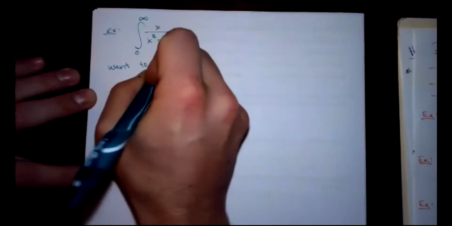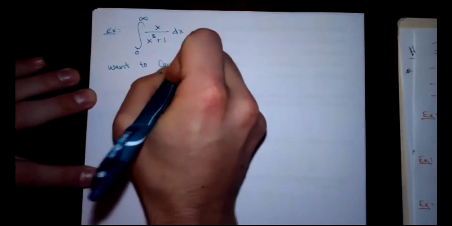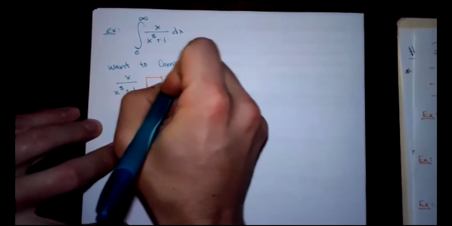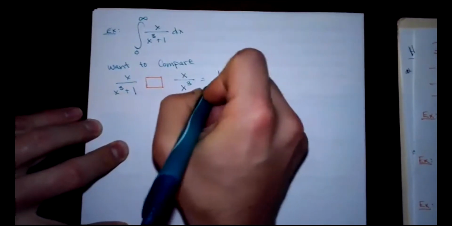Okay, but if I want to compare the integrals, let's write some of this out. We want to compare x over x cubed plus 1 with, here, let's make a little box. Well, if I just ignore that plus 1, we will have x over x cubed, and I know that that is equal to just 1 over x squared.